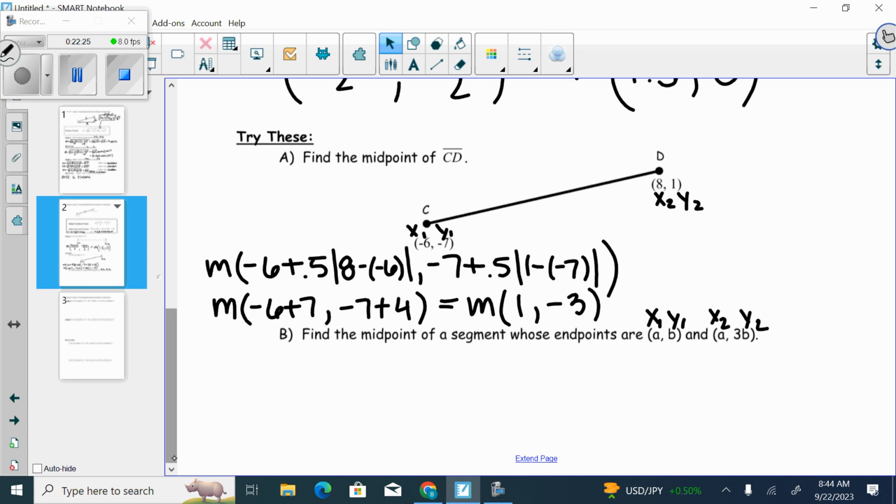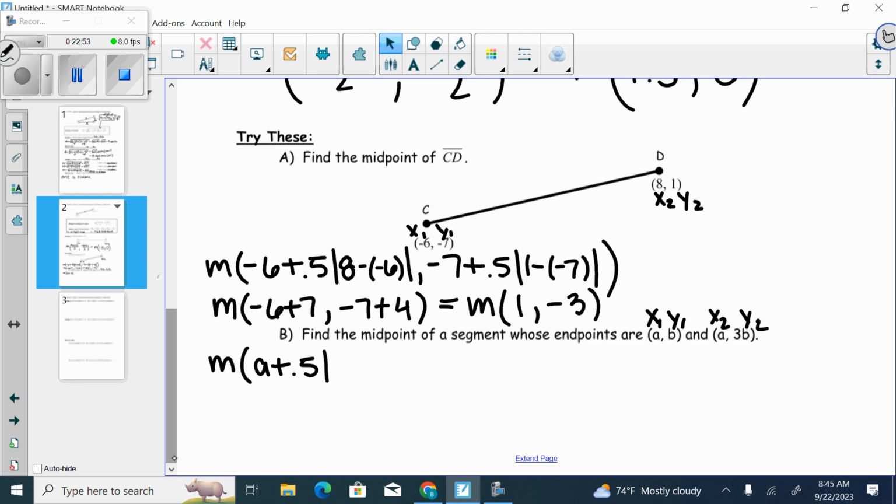All right, so maybe we use this same formula again. So for midpoint, I'm going to have A as my x1, right? And it appears we did not move in a negative direction. There's no negatives there, so we would say plus 0.5 times x2 minus x1.